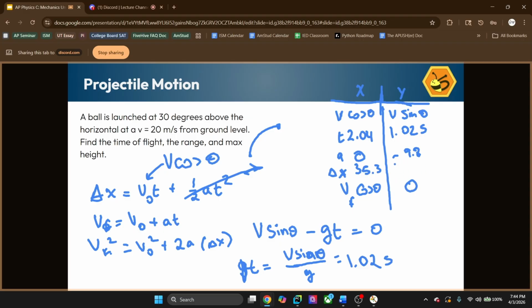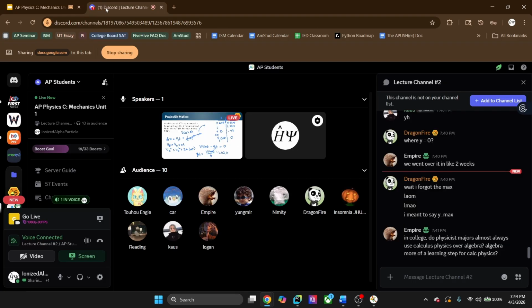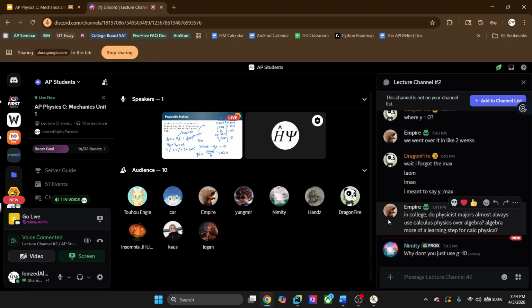The last thing we have to solve for is the peak height in the y direction, and we can do that by applying the same equation here, delta y equals... it's getting crammed. Do y'all mind if I erase all of this, or do you want some of this to stay?